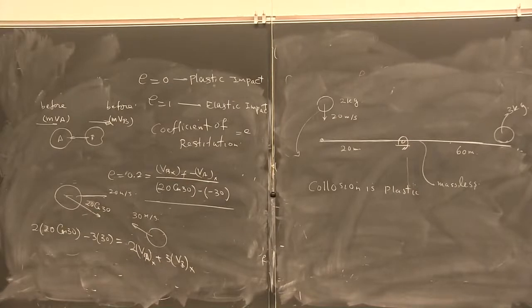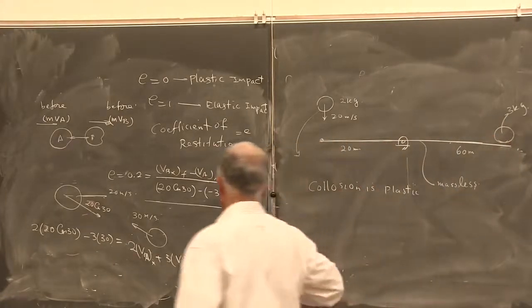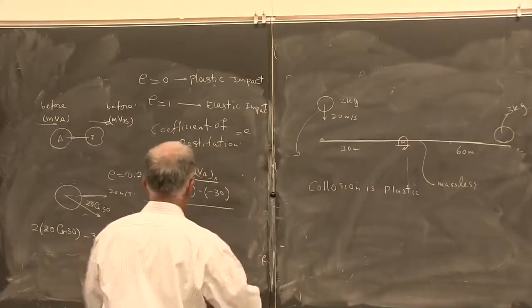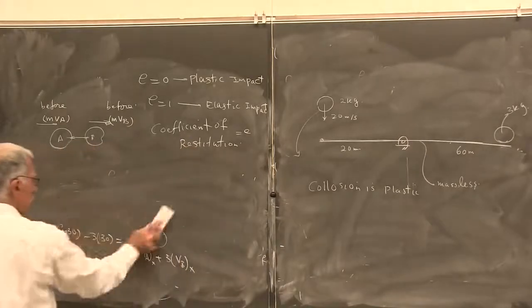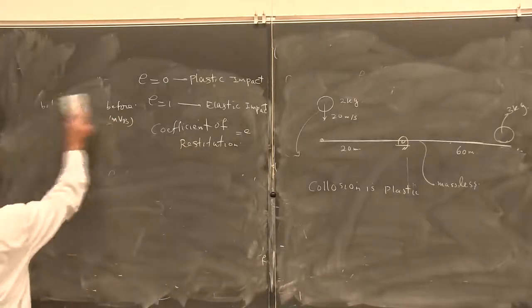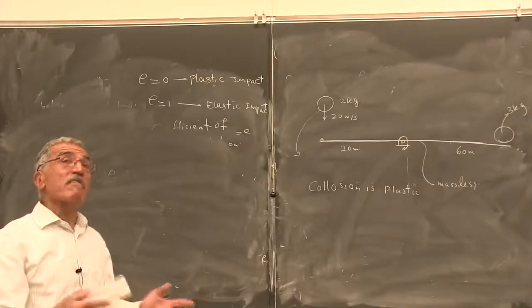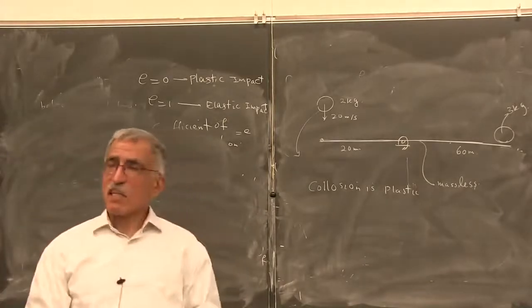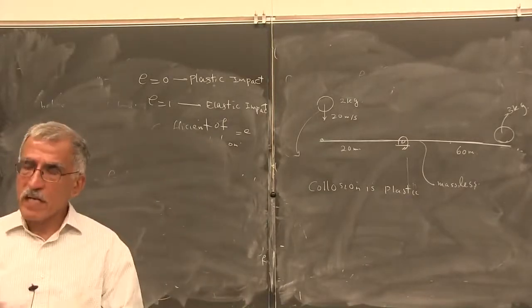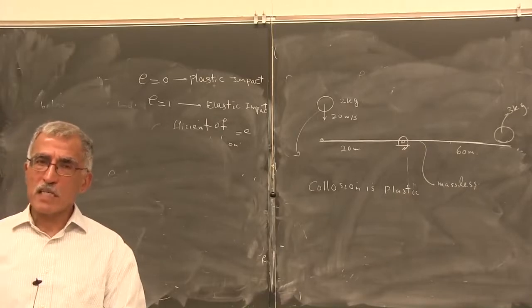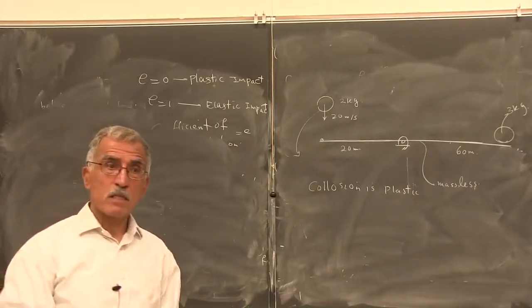You make a picture. You have to make a picture. So you can say, OK, what happens in this situation? And generally, we neglect gravity. Why do we neglect gravity during the impact?